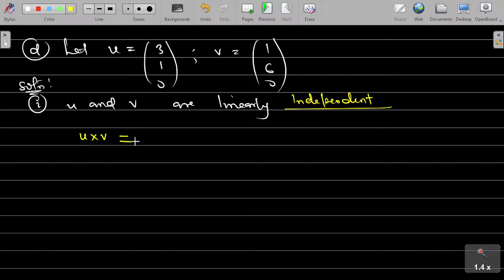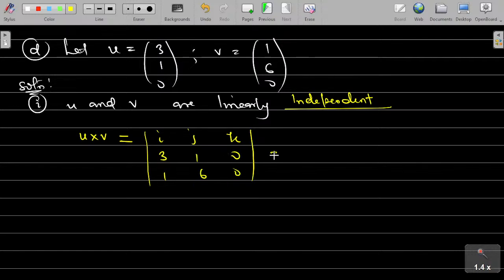And what is U cross V? U cross V is simply the determinant of I, J, K, and what is U? 3, 1, 0, V, 1, 6, 0.